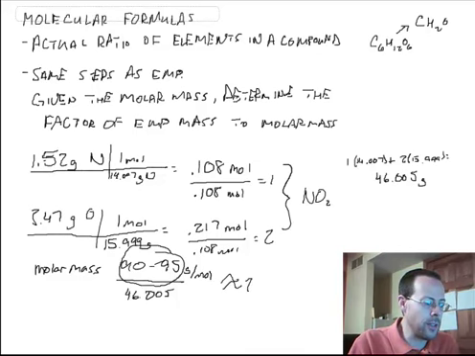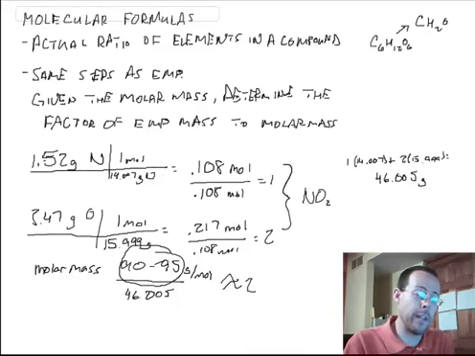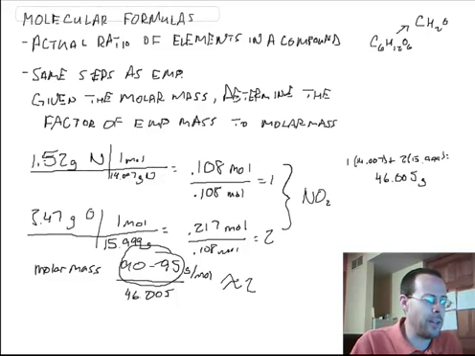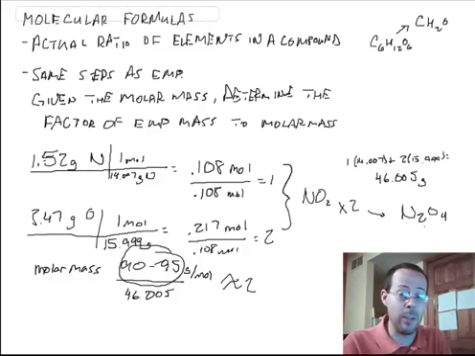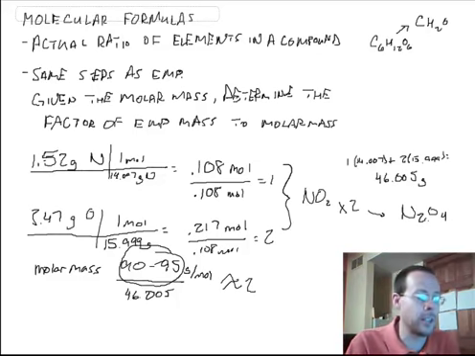So all that says is that my molecular mass must be twice as big as my empirical formula. So what that means is, my empirical formula, I really need 2 of everything. So it's going to become N2O4, okay? Because this thing is going to be twice as heavy as NO2, because I'm going to have 2 times 14.007 plus 4 times 15.999.